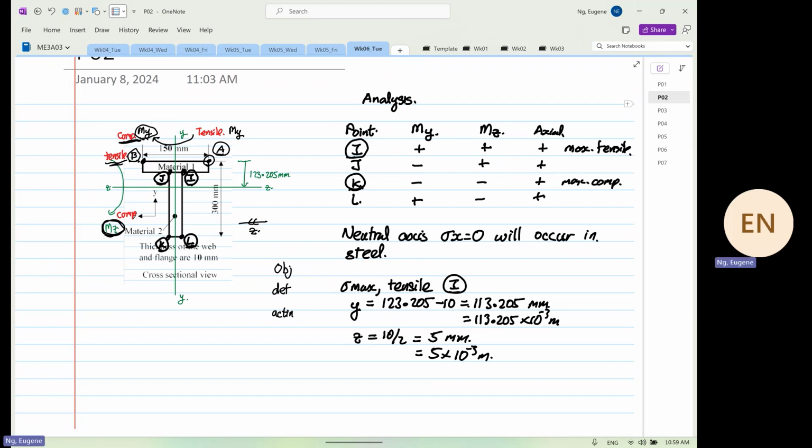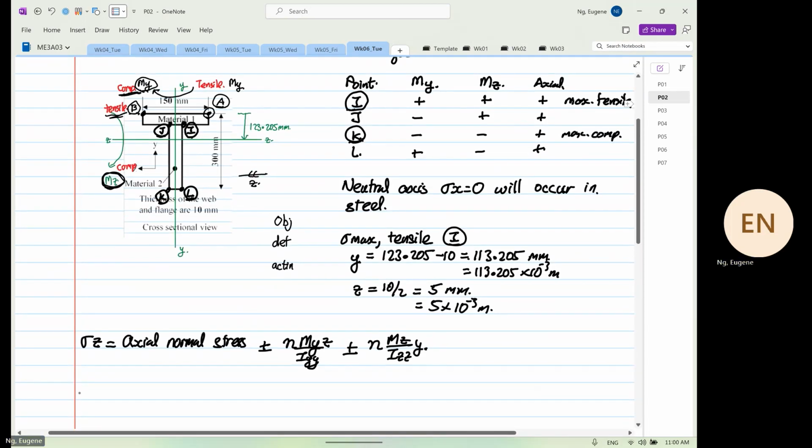So now we know that we are going to use stress Z. The formula is still the same: axial normal stress, plus minus N My over Iyy multiplied by z, plus minus N Mz over Izz multiplied by y.